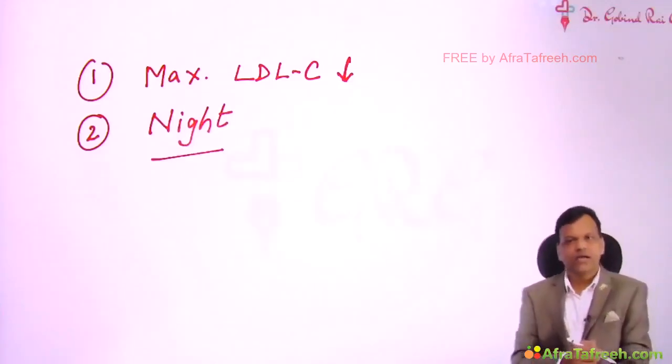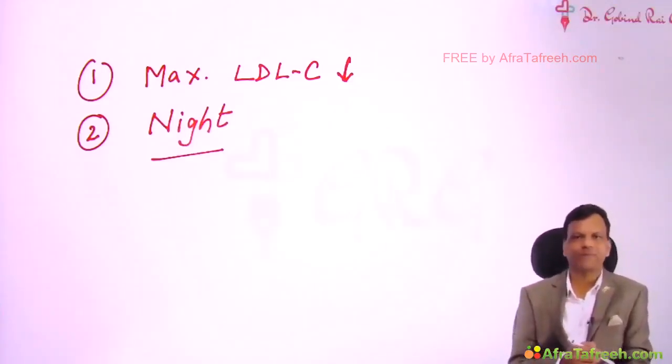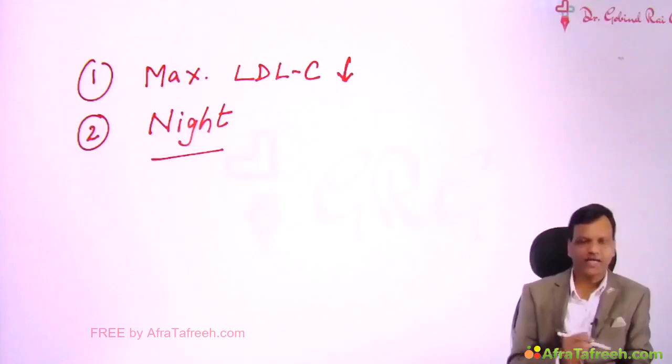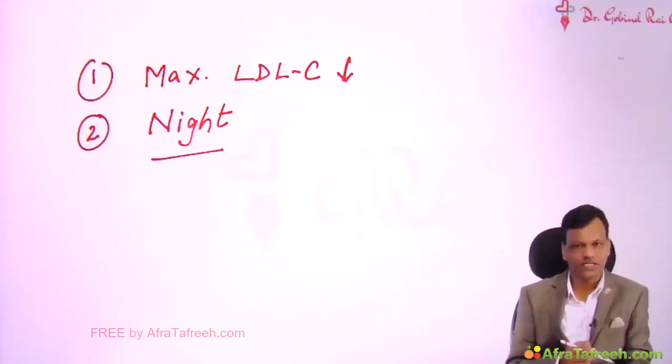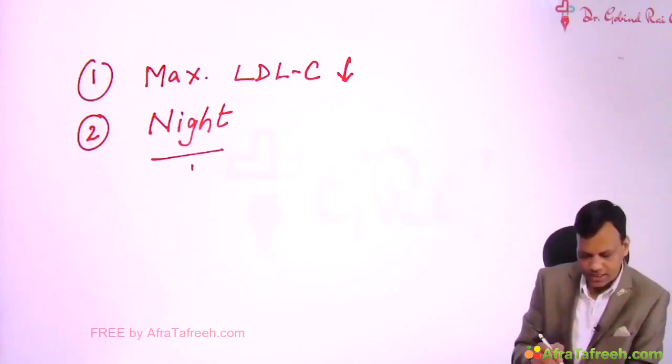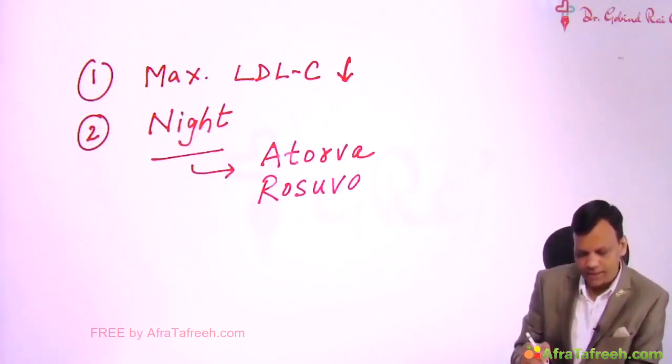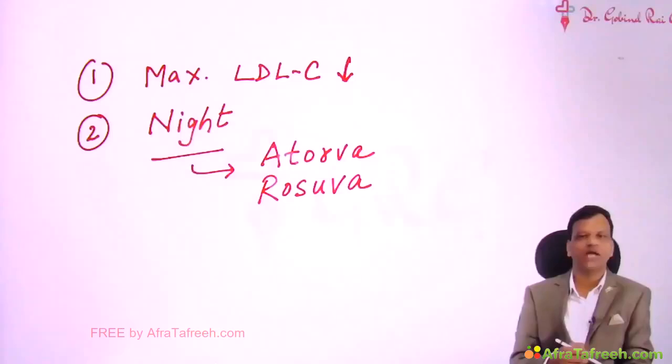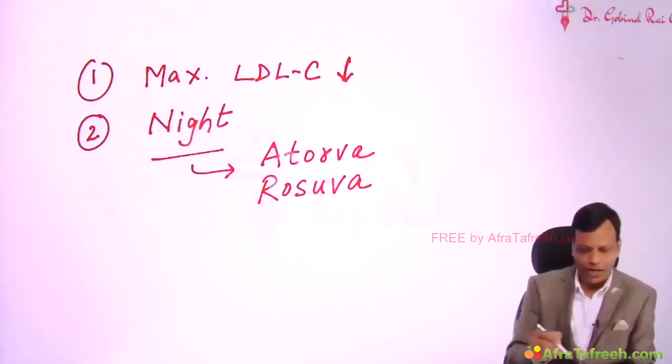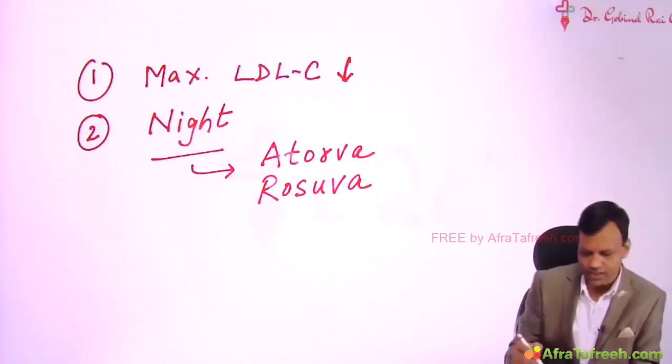The reason is HMG-CoA reductase has maximum activity at night. So we like to give statins at the time when the enzyme activity is highest. So they are given in late evening or night. However, certain statins, particularly atorvastatin and rosuvastatin, are very long acting statins, so they can be given at any time of the day, and rosuvastatin is the longest acting statin.